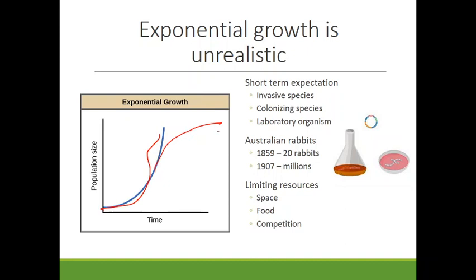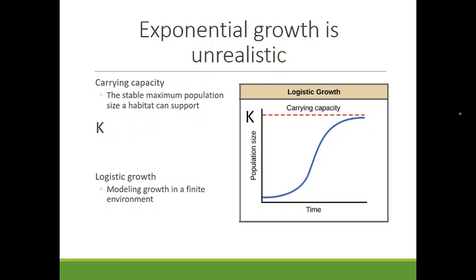This flattening out is due to things like running out of space, running out of food, or organisms competing with each other. Populations level out at what's called a carrying capacity, the stable maximum population size that a habitat can support.